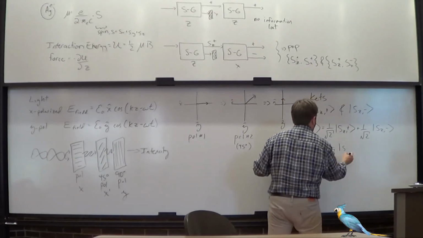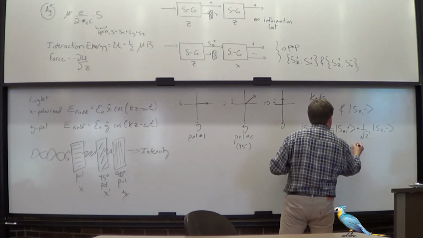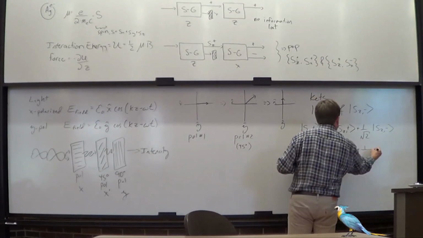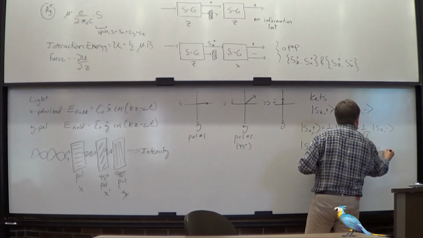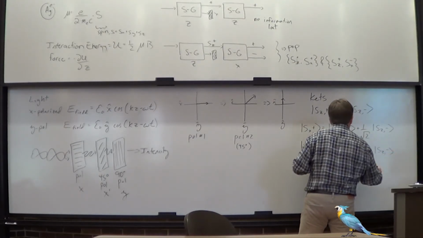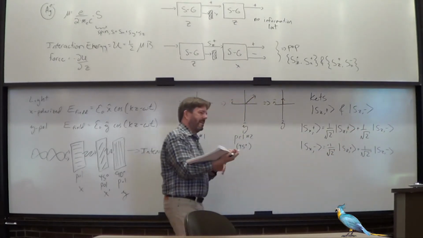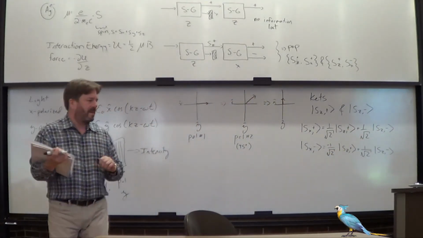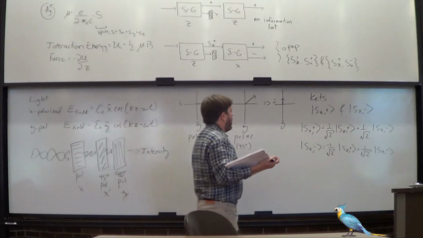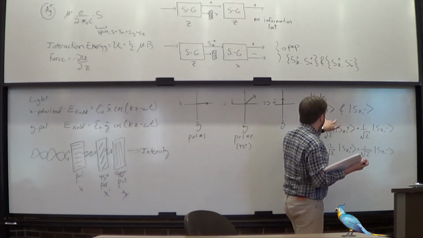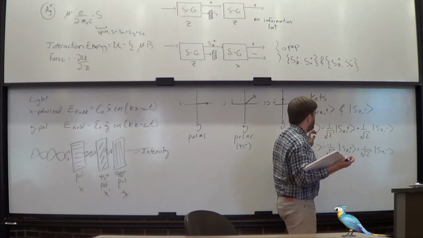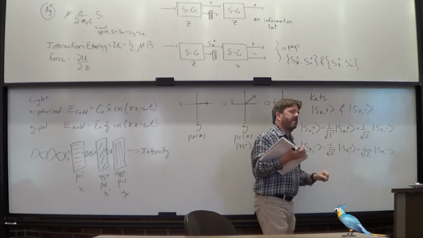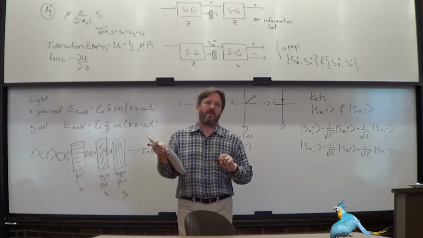Oops, minus, okay, SX plus. So I'm proffering the potential for this to be a description of X, and then I'll come up with one for Y, but let's just worry about X first. So, Kets are states. I contend that these span all space, and that means that not only do they describe what's going on in Z, but they also describe what's going on in X, and we'll get to Y in a moment.